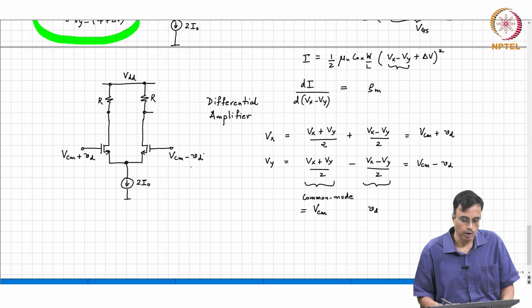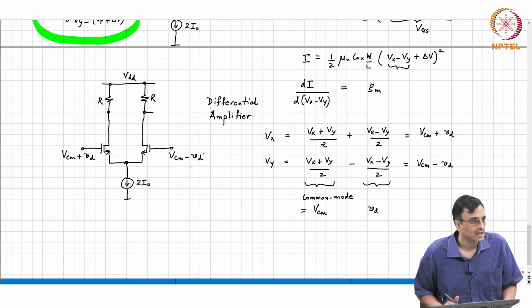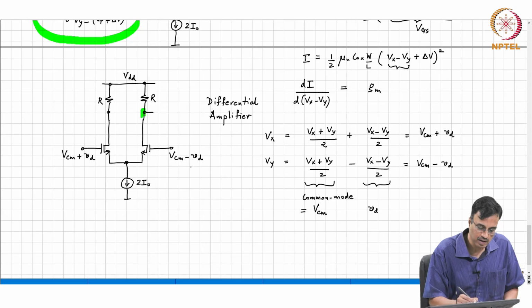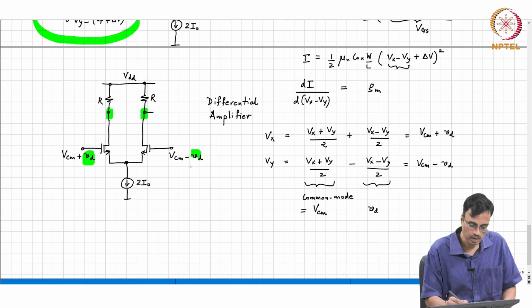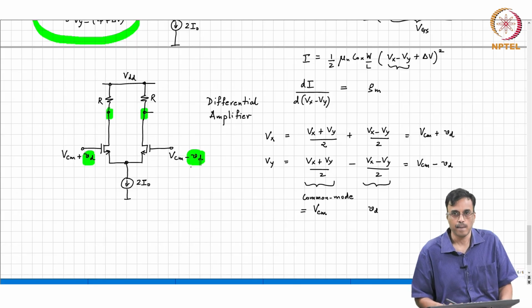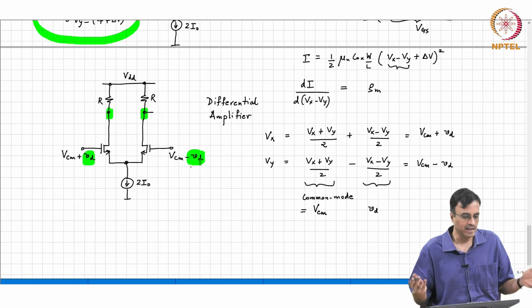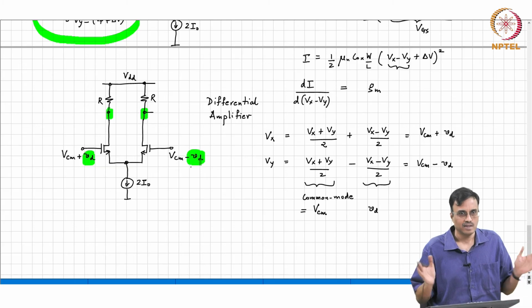All right, and what we are interested in is how the voltages, say here and here, depend on VD. We already saw that it does not depend on VCM, it only depends on VD.